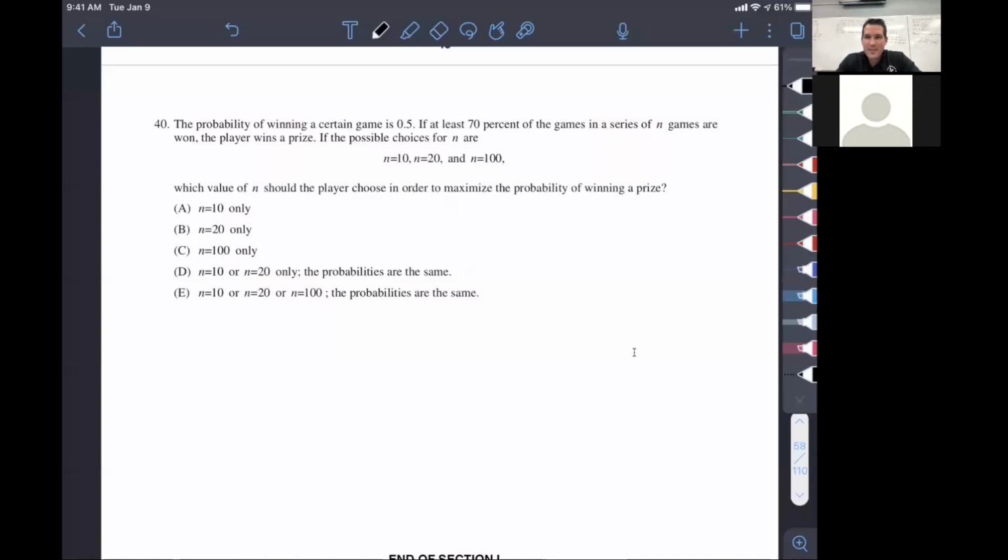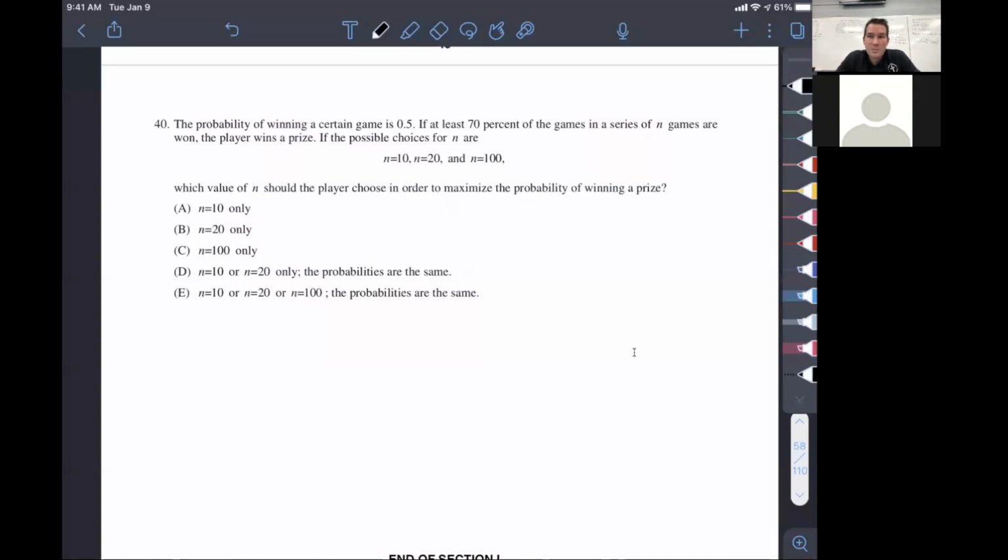Okay. This question is asking, if it's advantageous for the player, which one has the highest variability? The larger the number of games, the less variability, it'd be closer to 50-50. I want it to be closer to 70% of the games that I win a prize.